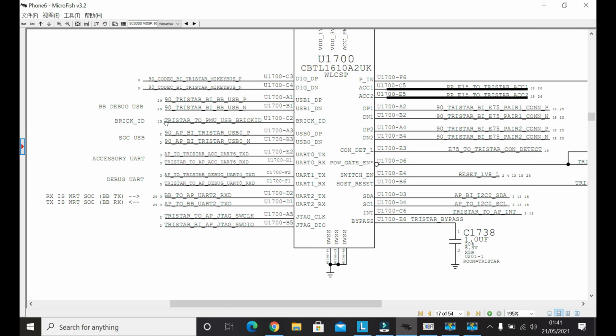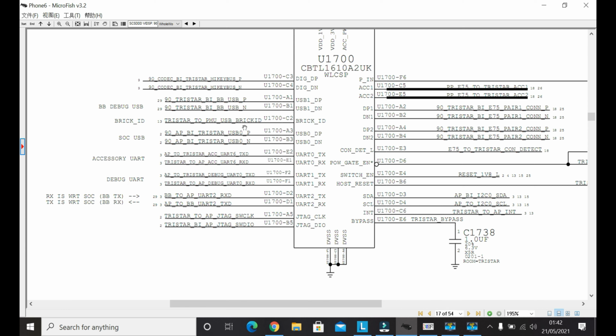So let's look at this brick ID. Now this is on the left hand side. It says TriStar 2PMU USB brick ID. Now TriStar, we know, is our charging IC in iPhone 6. 2PMU is the power management unit, the power IC.